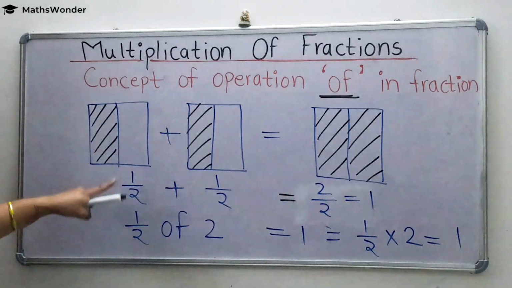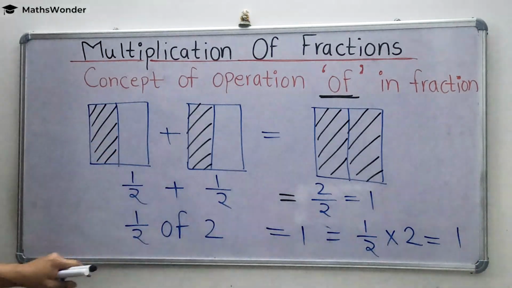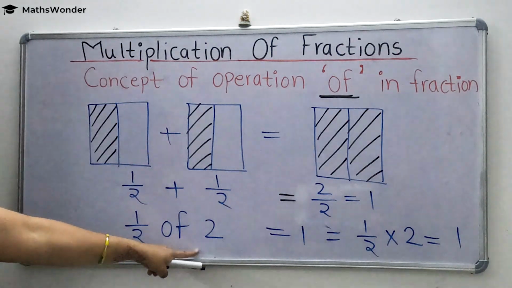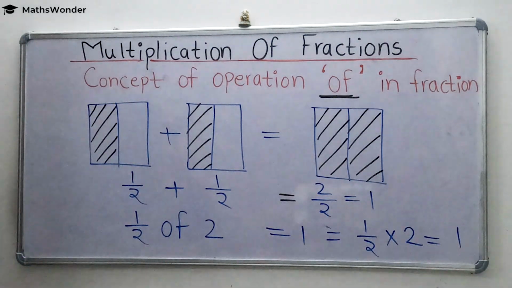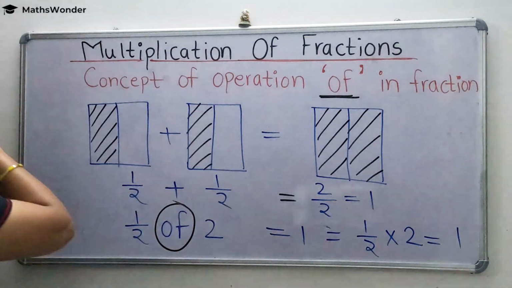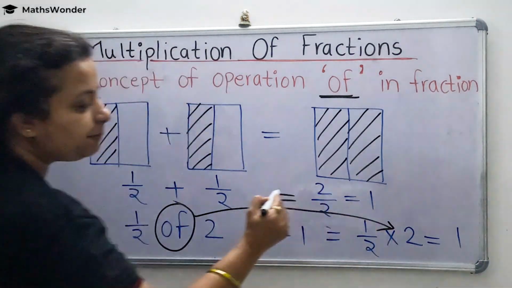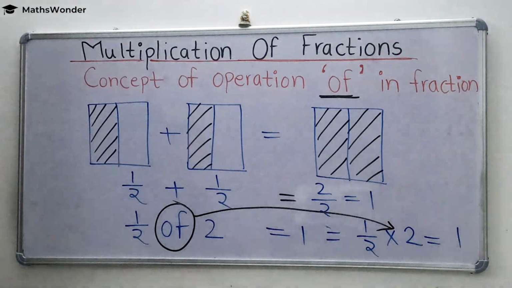The second variation is half of 1 plus half of 1, you can write it as half of 2. If the word 'of' is there, you will replace it with a multiplication sign.